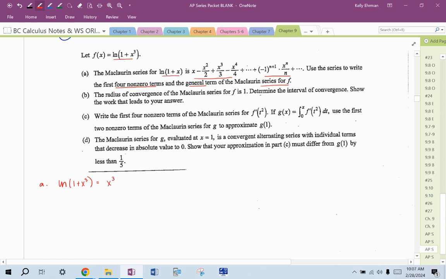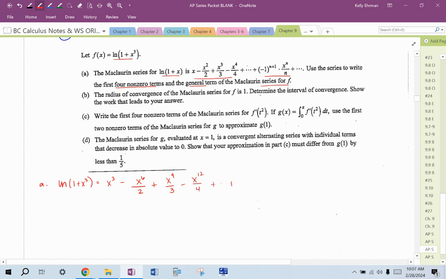Instead of x squared over 2, x cubed squared over 2. Now, that kind of drives me crazy, so I would also simplify that. Power to a power, x cubed squared is x to the 6th. Plus x cubed cubed is x to the 9th over 3, minus x to the 12th over 4.